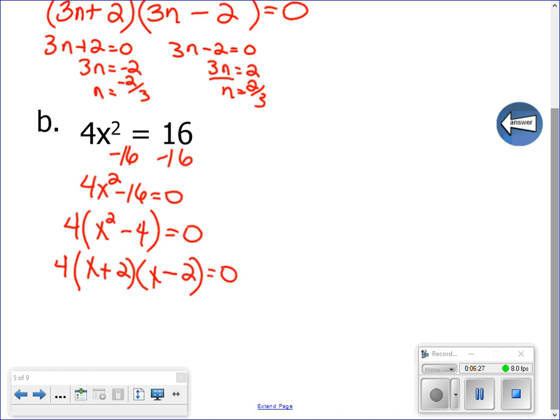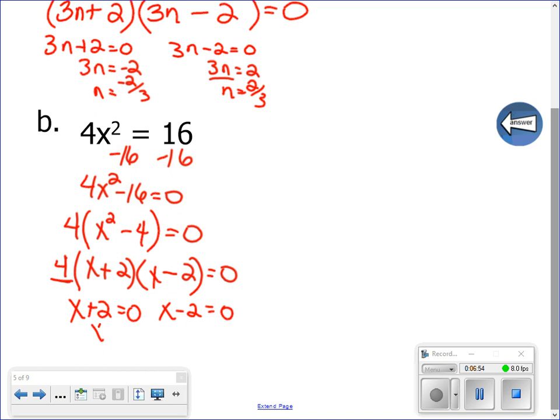Now, remember that we said pay attention to the GCF. If the GCF contains a variable, it's going to give us an additional solution. Since 4 does not have a variable attached to it, I don't need to worry about it when I'm looking for my solution. So, we're going to use the zero product property, so I set my two other factors equal to 0. x plus 2 equals 0, x minus 2 is equal to 0.